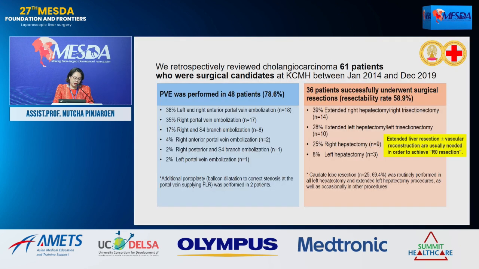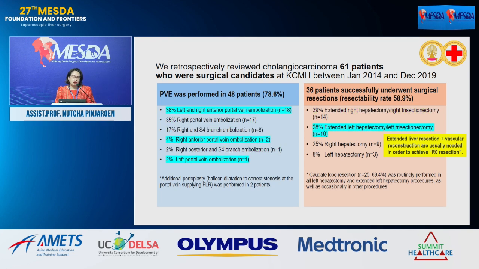And when you look at the PVE techniques for cholangiocarcinoma, it is more complex, more complicated than just straightforward right portal vein embolization. For example, for extended right hepatectomy or right trisectionectomy, sometimes we require S4 embolization.